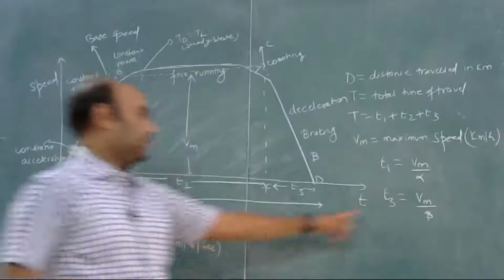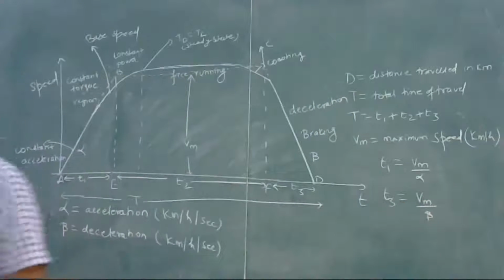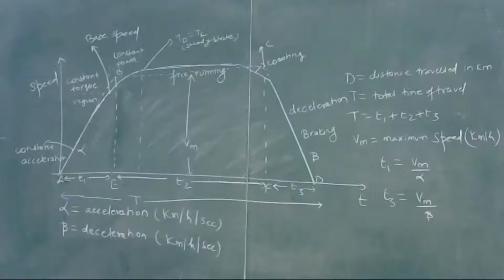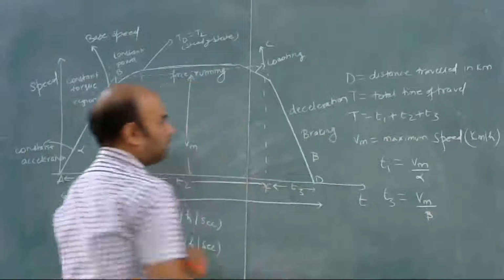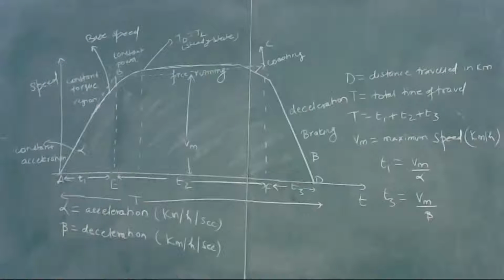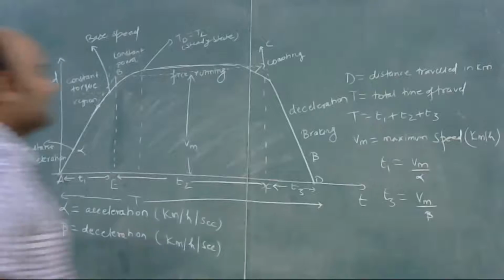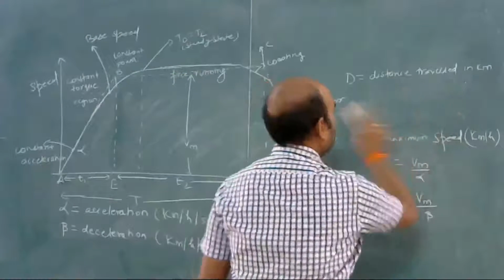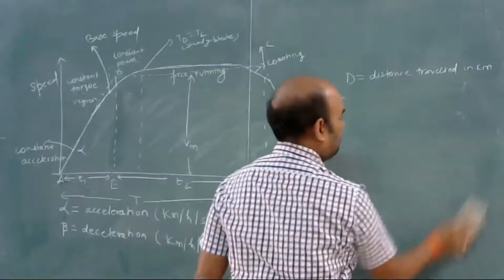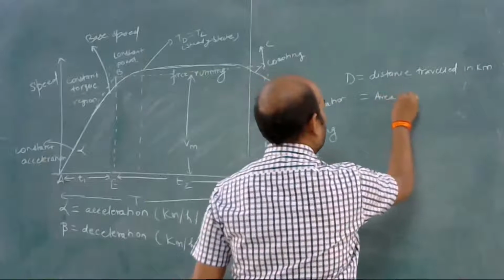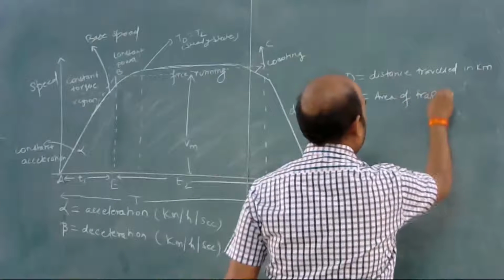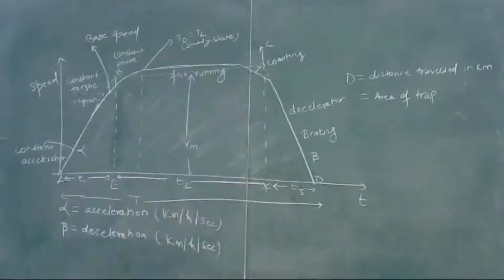Okay, so T3 is equal to Vm upon beta. Okay, so D, the distance traveled, will be equal to the area of this trapezoid. Okay.